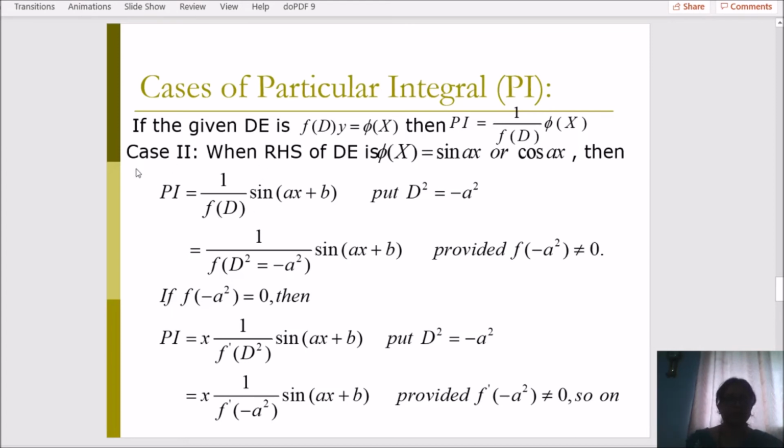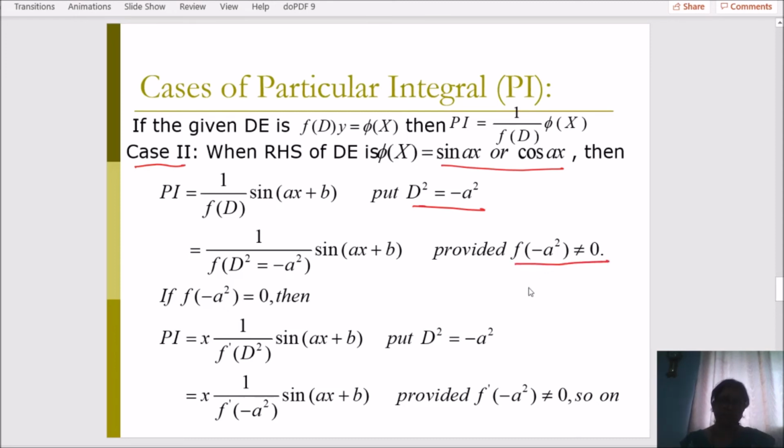Now case 2. Case 2 is for the right hand side being sin x or cos x. For this we substitute D² = −a², provided that f(−a²) is not equal to 0.